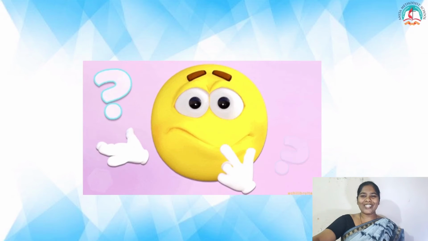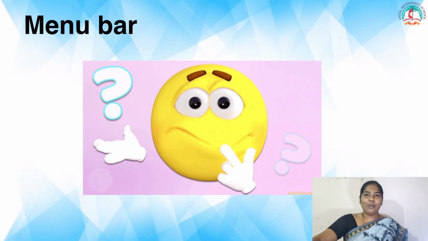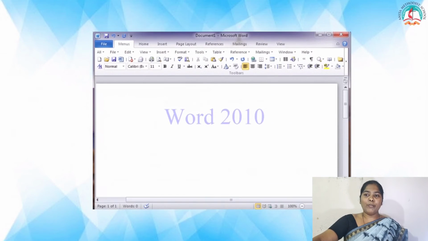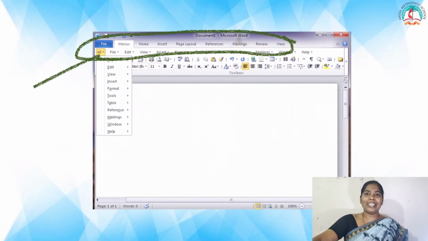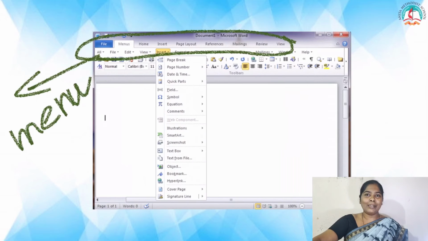Okay, the next one is the menu bar. So what is a menu? When you go to a hotel, what will they give you in the beginning? Yes, they will give the menu items you have to select. The same way, in a computer window we also have a menu bar. In the menu bar we have to select and work with it. If I want to open a file, I can click the File menu.